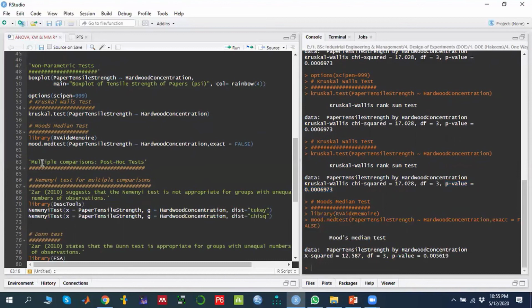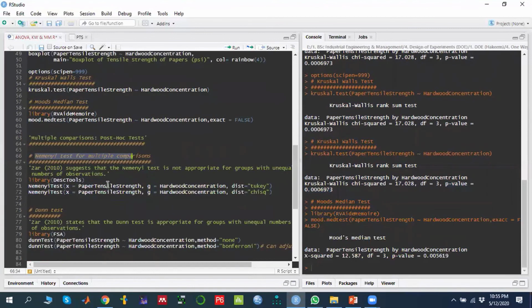For that, we can apply a post-hoc test for the non-parametric test. In order to do that, we can apply either the Dunn test or the Nemenyi test.